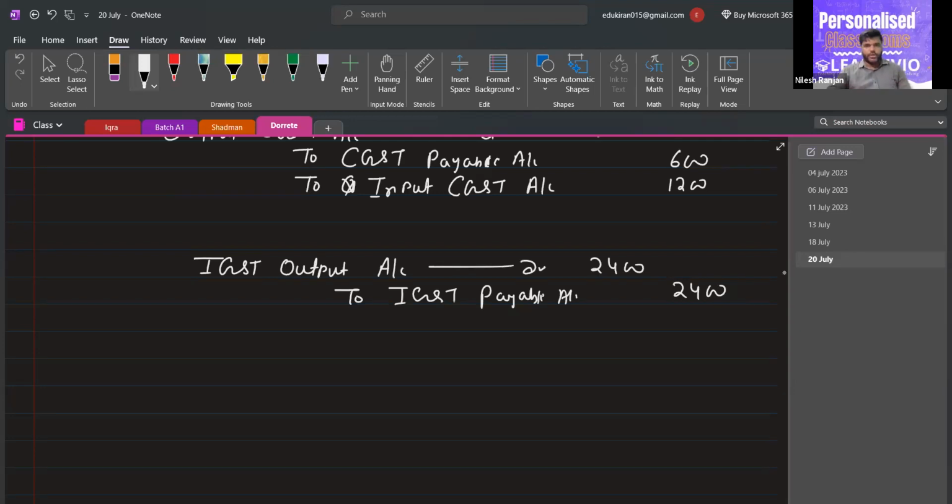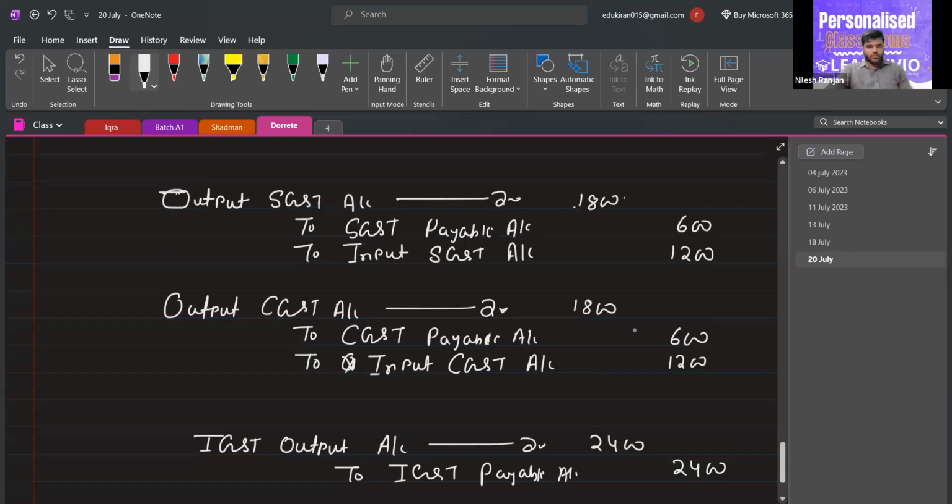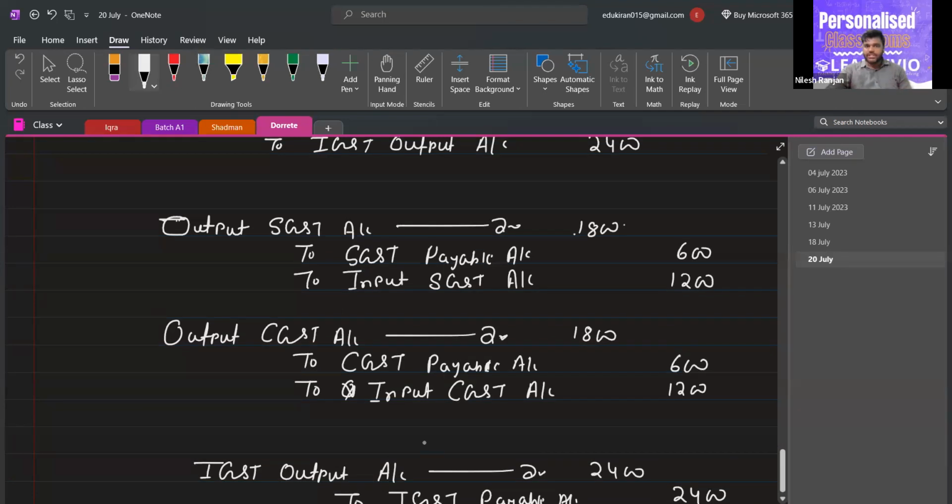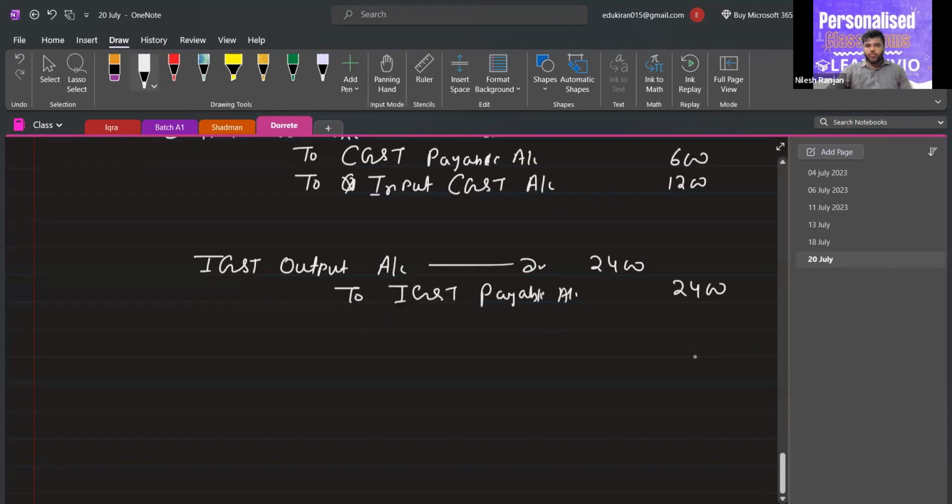Yes, sir. Now we will combine all these three. SGST payable is 600, CGST payable is 600, and IGST payable is 2,400.